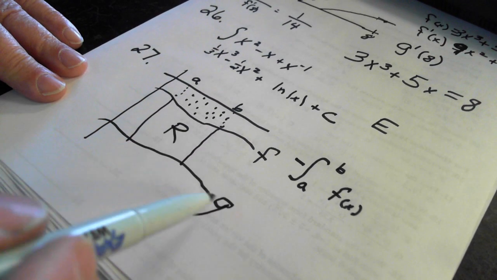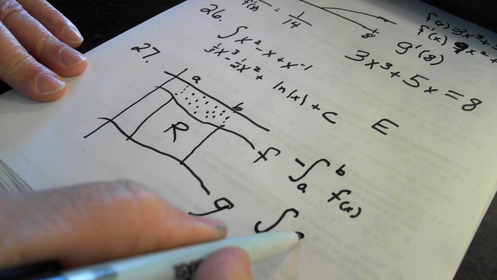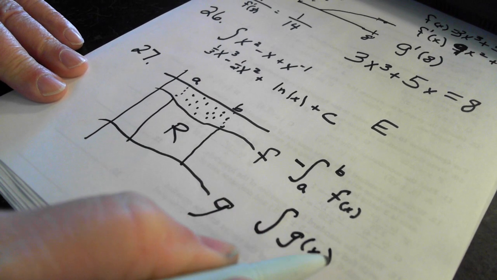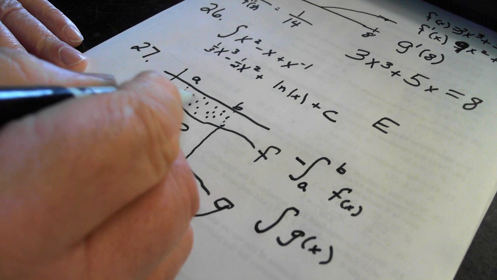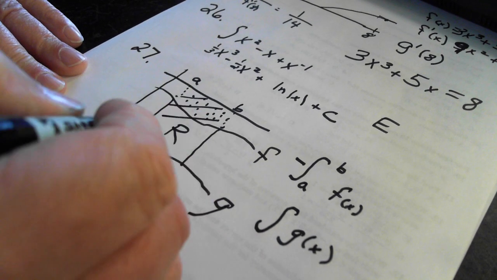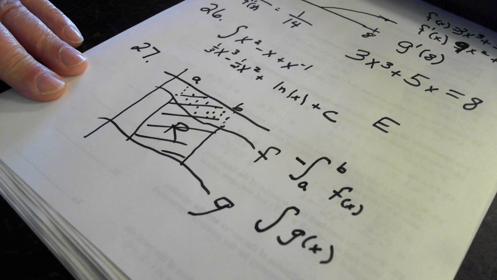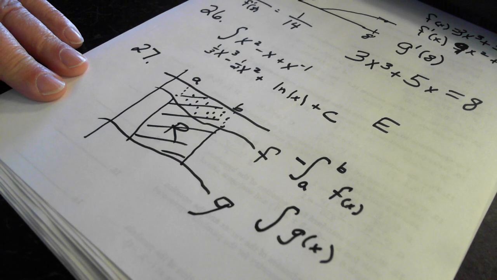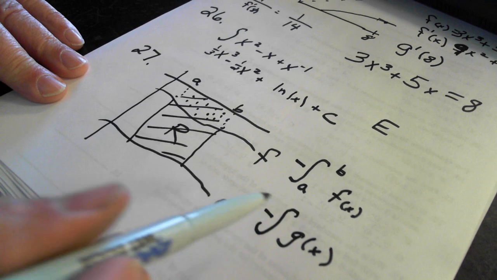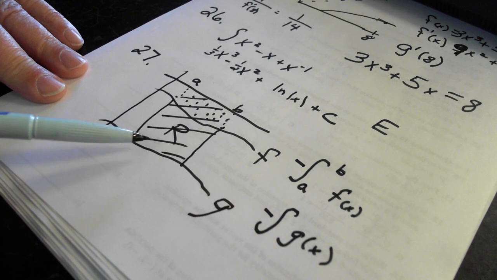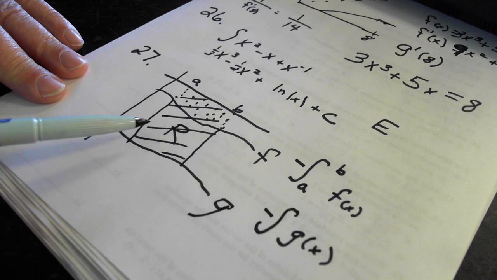Then if you wanted to do the integral of g, you should understand that's going to give you this area, the one I have cross-hashed there, and that's going to be negative. So if I put a minus in front of it, it'll give you the positive area that I have drawn lines across.